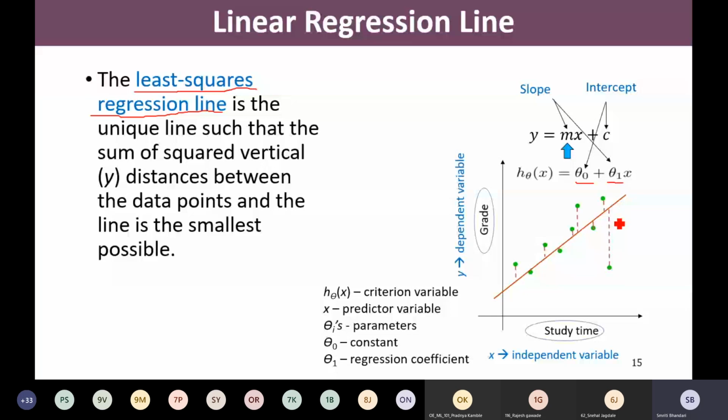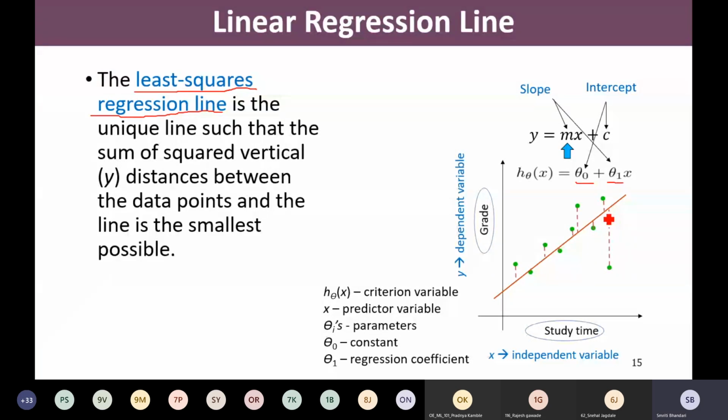So we would like to come up with such kind of a least squares regression line such that if I compute the sum of squared distance of each point with the hypothesis, this should provide me the smallest value. So I want to have this minimum. Sum of squared vertical distance must be minimum.